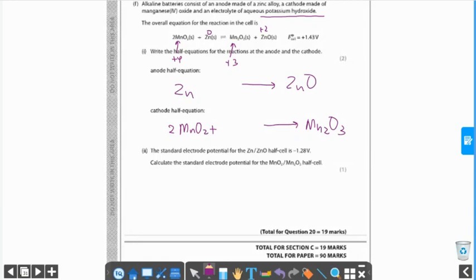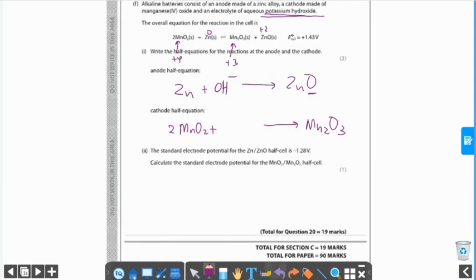Let's take one at a time. So let's take the zinc oxide one. Zinc to zinc oxide. This is alkali media, so we need to add OH minus here. Why add OH minus on this side? Because there's oxygen on the other side, so I need to balance that.